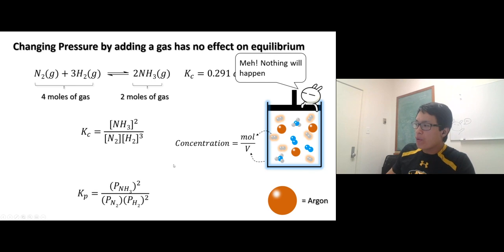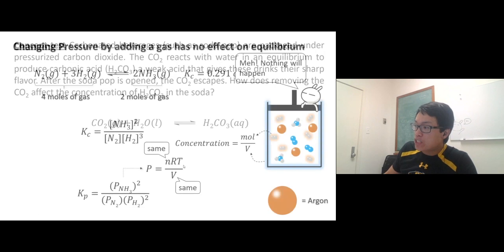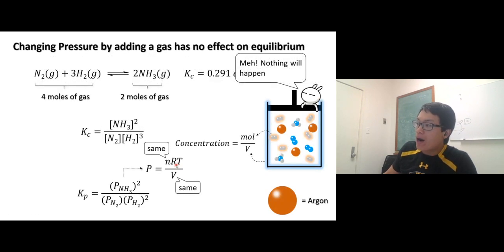Look at the Kp. Some people say, wait, hold on, the pressure changed though. I'll show you. The partial pressure of ammonia can be calculated as P equals nRT over V. Moles are the same. Volume is still the same container. Temperature is the same, we don't change the temperature. R is a constant. Nothing changed. The partial pressure of ammonia doesn't change.